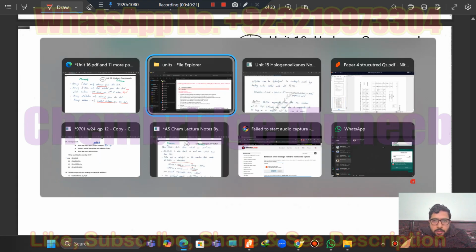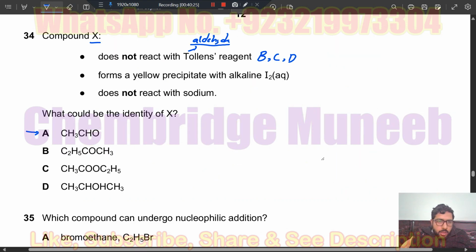So by applying this rule on the given question, we can find that the yellow precipitate could be given by compound A, and it can also be given by compound B since it is a methyl ketone. It can give this test.